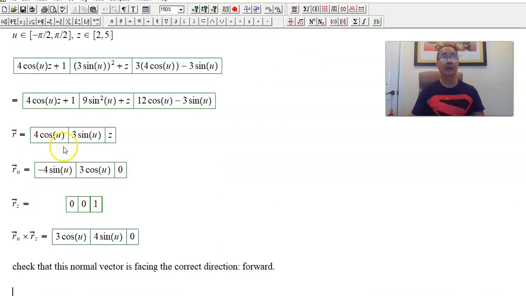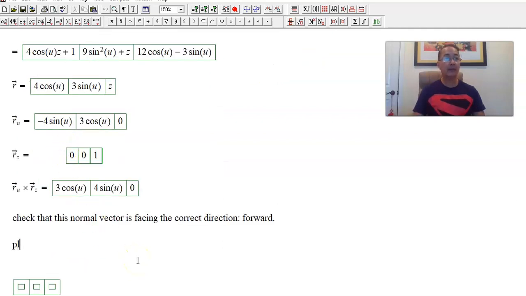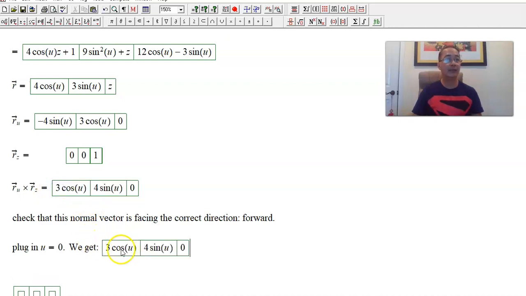It's at 0. So plug in u equals 0. All you have to do is plug in 1 point. So we get 3 cosine 0 is 3. Sine 0, 0, 0 stays 0. Are you facing forward? Yes, you are facing forward. 3, 0, 0.